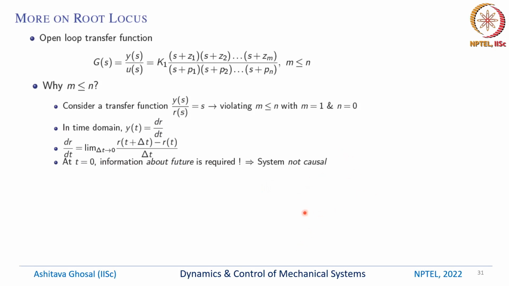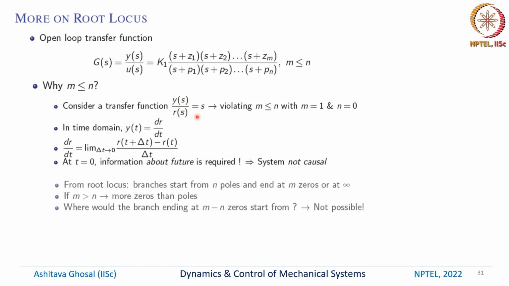In any causal system, the current state of the system depends only on the past values. It cannot depend on a future event or a future value. So if you have a transfer function Y(s) divided by R(s) equal to s, then the system is not causal.